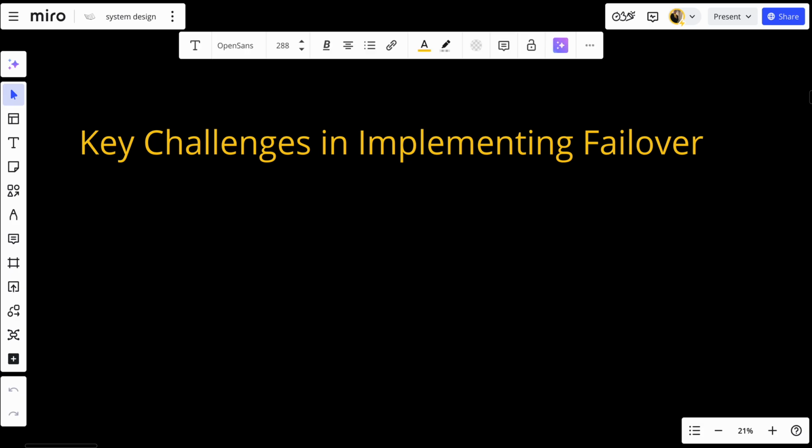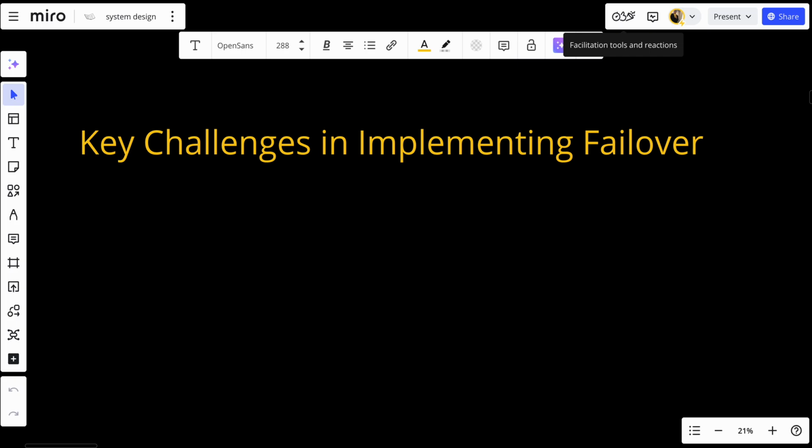Okay, let's talk about some challenges in implementing failover. While failover is a powerful strategy, it does come with its challenges. The first one is cost, because maintaining redundant systems, especially in active active setups, can be really costly. Second, complexity. Configuring automated failover and making sure all components sync correctly adds complexity to the system architecture.